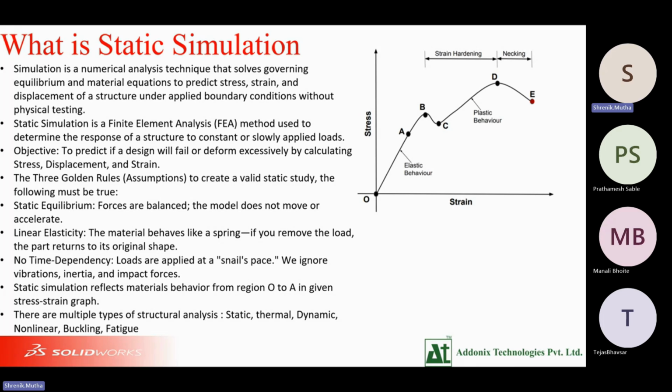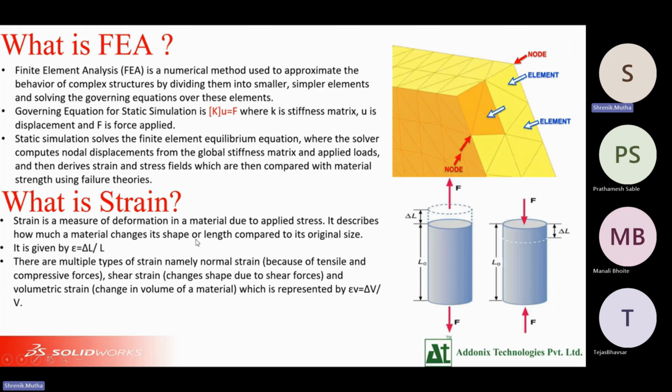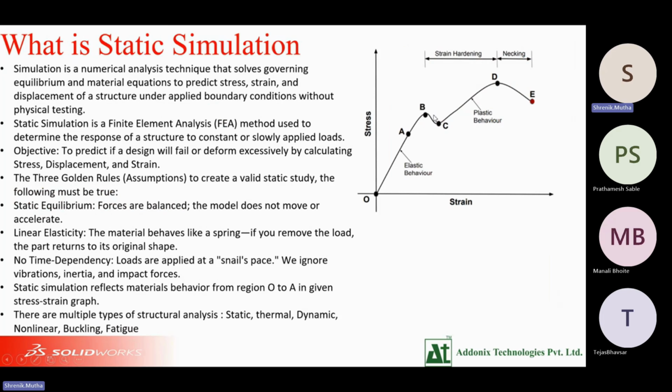If you remove the load, it will go back to its original size. So we can only predict the way a part will behave under loading in the O to A region over here. As you can see, the O to A region is used for static simulation.